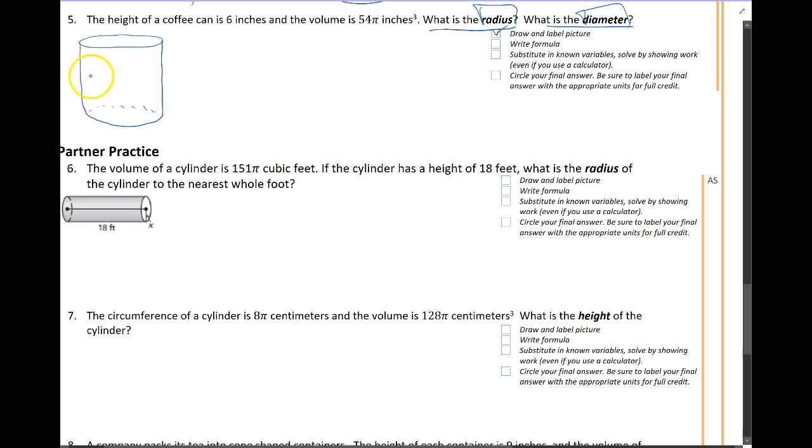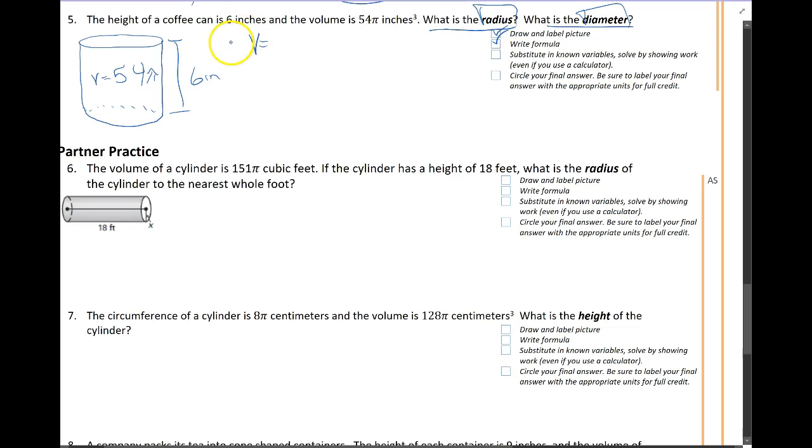And I know a couple things. First off, the height is 6 inches. The volume is 54 pi inches. And I need to solve for the radius. So I come up here and I do my second step, write the formula.